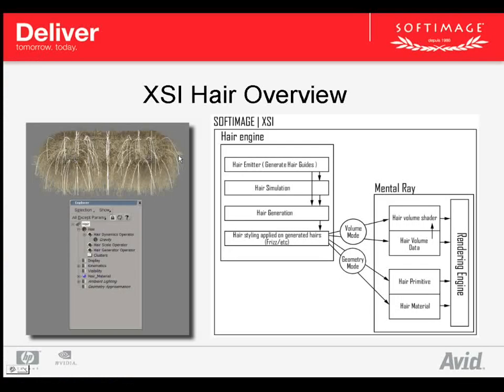In 4.0 there's a new hair geometry shader we provide. So there are two options if you want to render using geometry mode and one for volume. These shaders are passed through mental ray and are used to render the hair out. So that's a brief conceptual overview of how the hair system works in XSI.